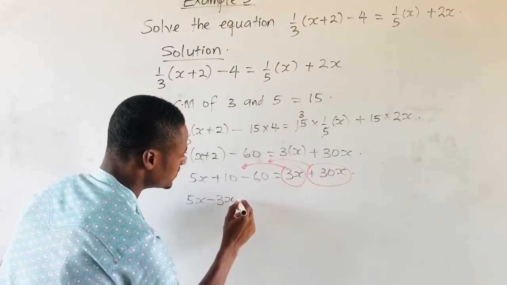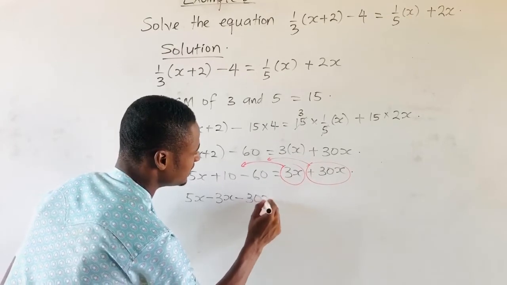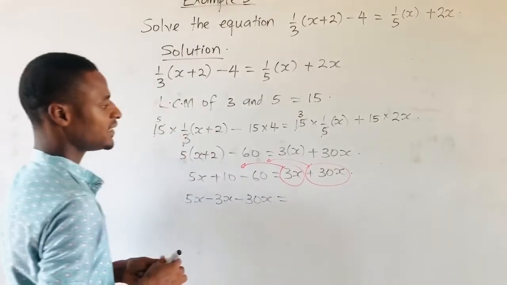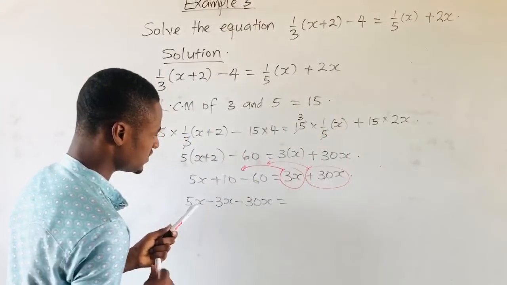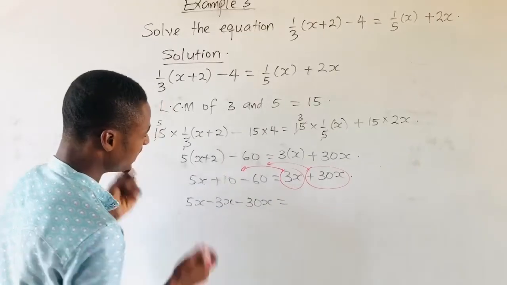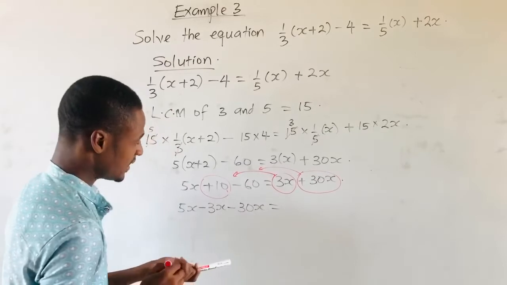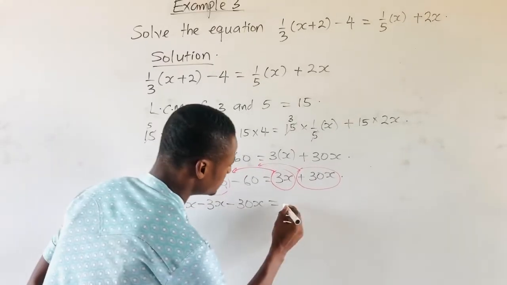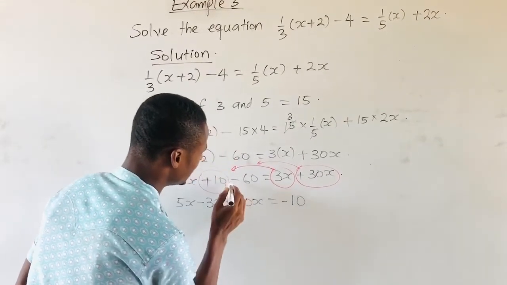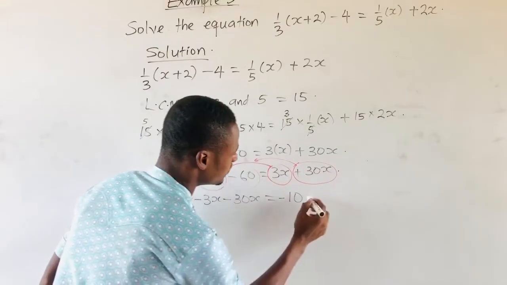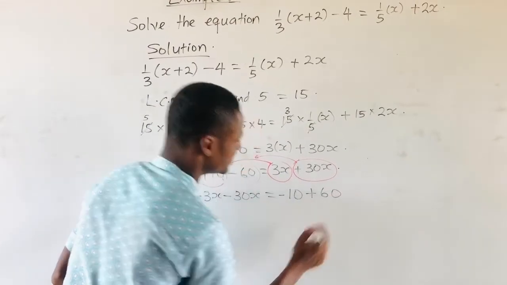This also crosses to become negative 30x. Then at the right hand side of the equation, we will transfer the number terms across the equal sign. And so positive 10 crosses to become negative 10, and then negative 60 also crosses to become positive 60.